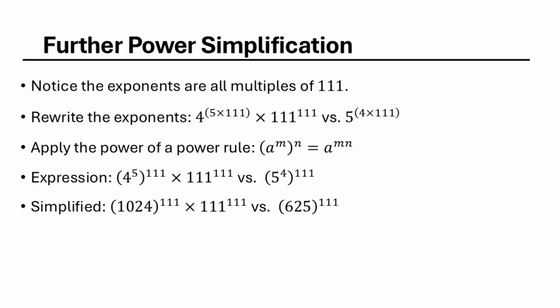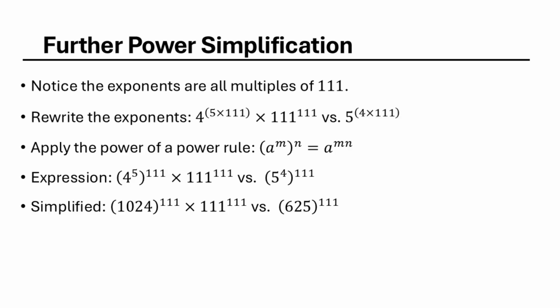Notice that the exponents 555, 111, and 444 are all multiples of 111. We can rewrite them to make this obvious. The left side is 4 to the power of (5 times 111), times 111 to the power of 111. The right side is 5 to the power of (4 times 111).